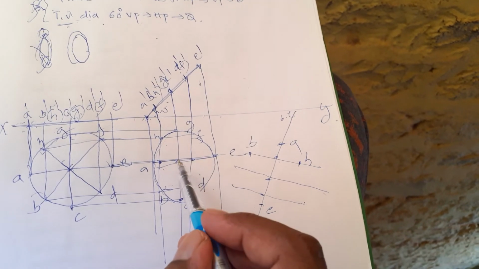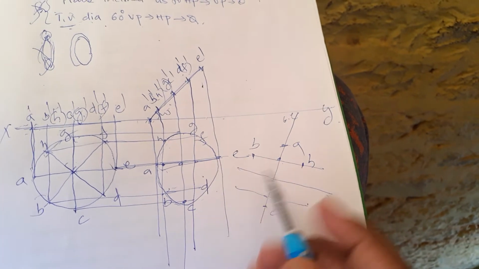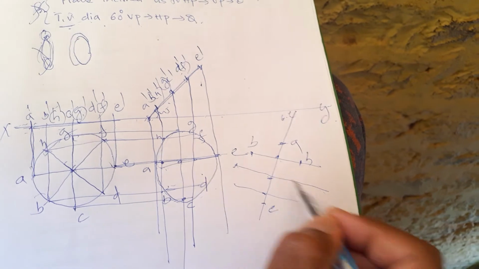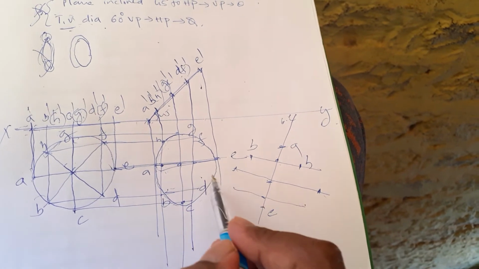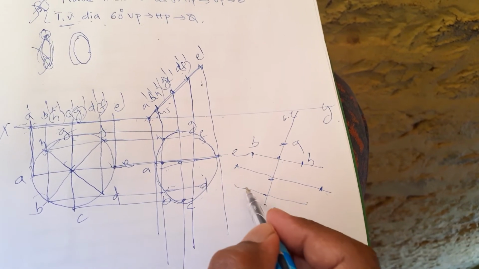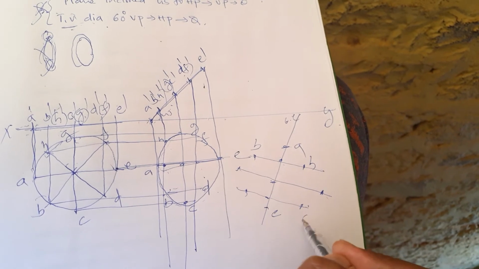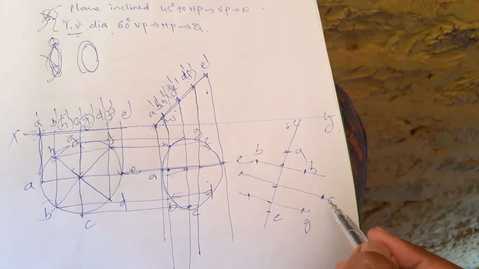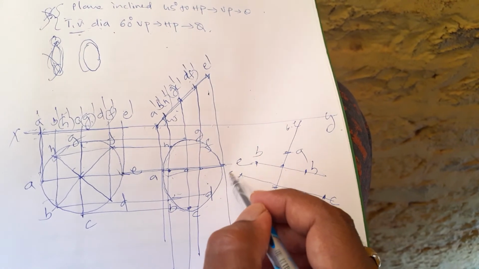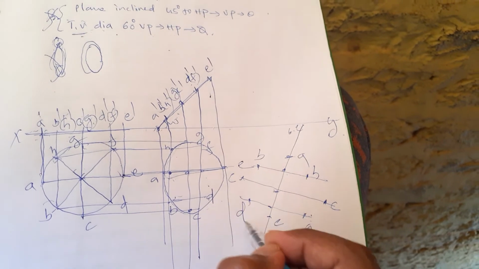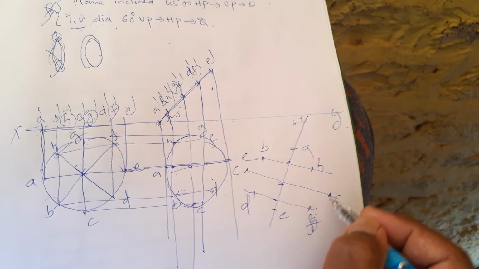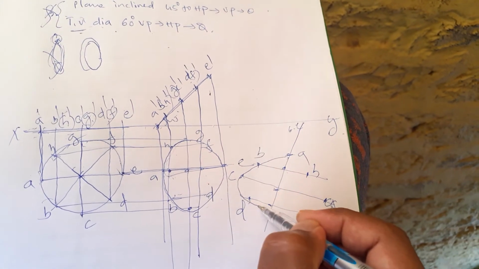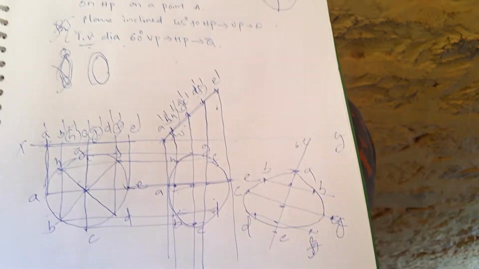When it is the center, you can measure G and C. From here, this will be G and this will be C, and from here F and D. A, B, C, D, E, F, G, H. Now you can easily draw like this.